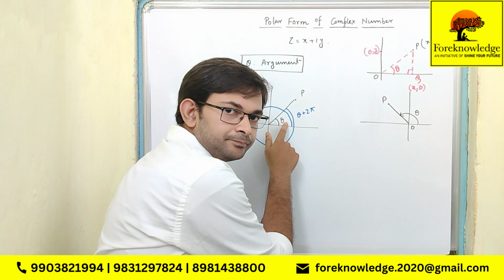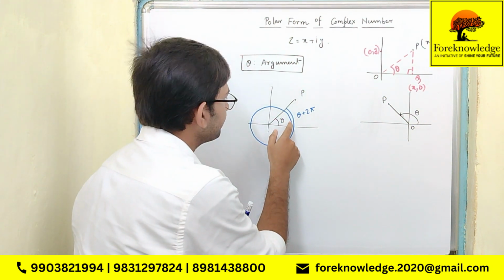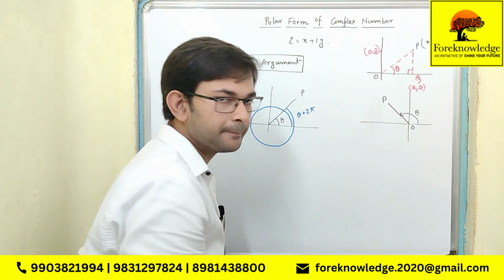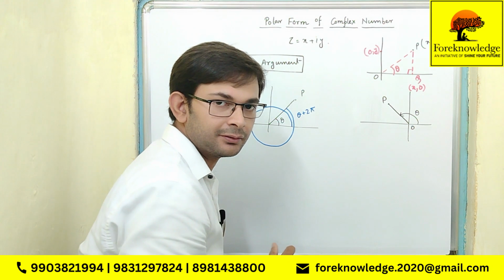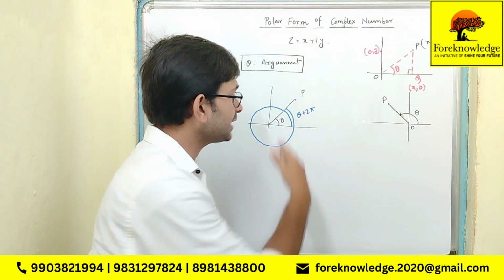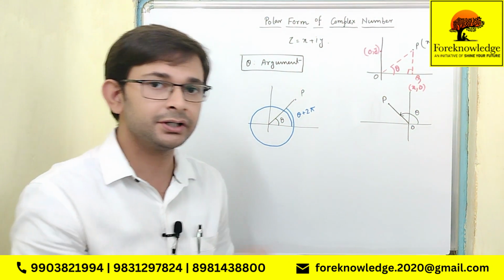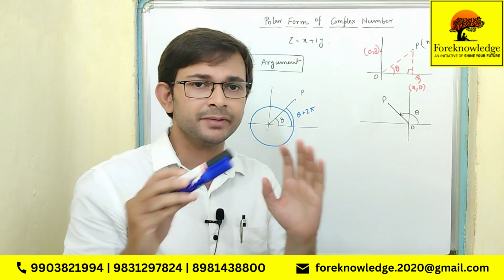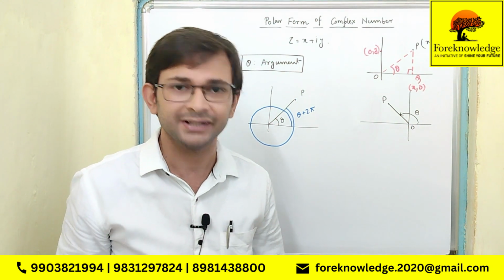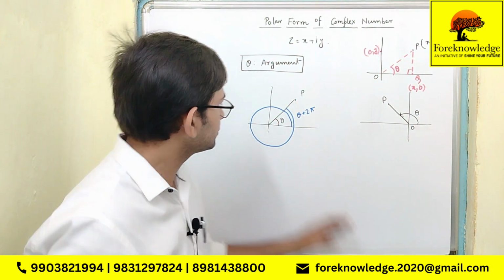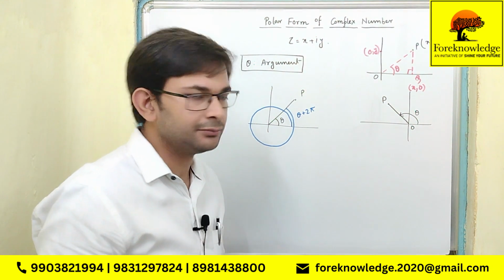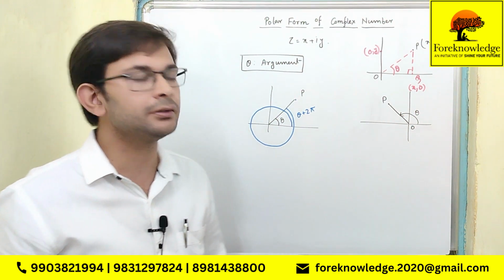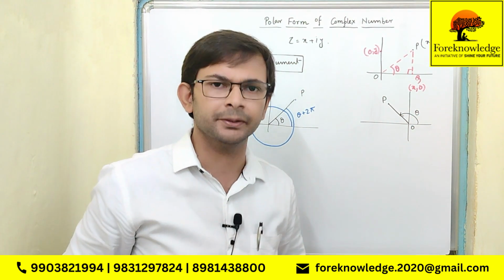Again, if we complete a full revolution, then once again we are reaching here, and the angle is theta plus 2 pi. So this can also be the argument. We cannot deny that, because argument is nothing but the angle made with the positive direction of x-axis. So the argument can be theta, theta plus 2 pi, theta plus 4 pi.